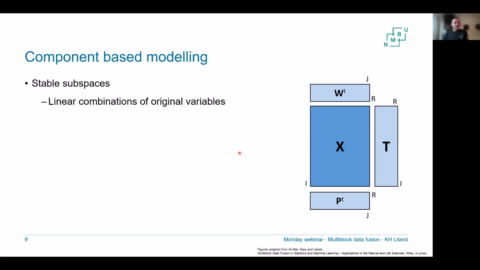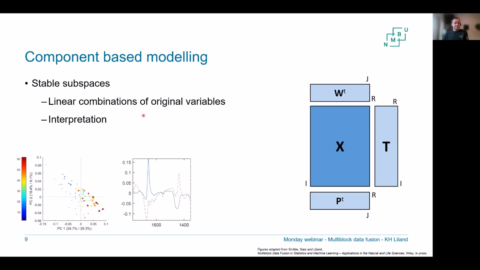So typically these are, as I said, linear combinations of original variables where we hope that we can gain some interpretation. If this X here is some spectroscopic data, in this case it's Raman data, we hope that these stable subspaces that we find actually convey some information that is connected to some domain knowledge. So these could, for instance, be connected to the vibrational modes of our molecules.